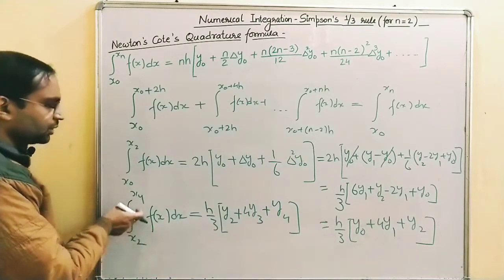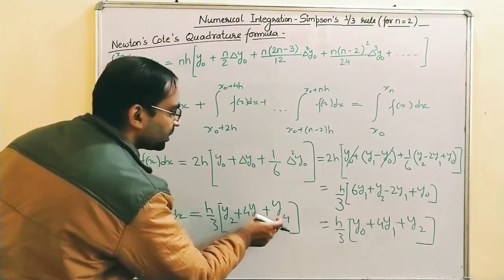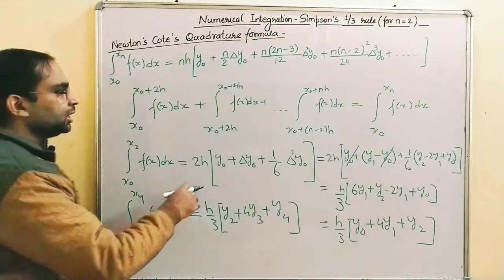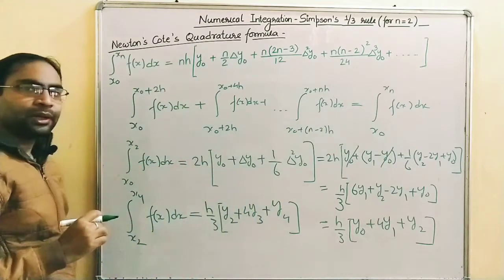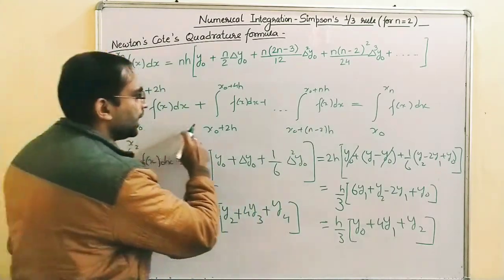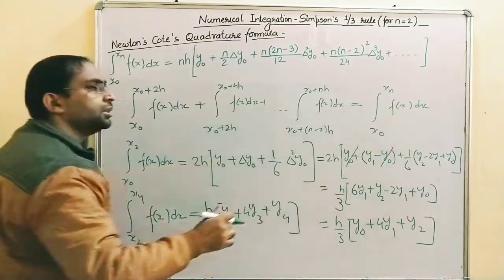So from x2 to x4, it is h upon 3 [y2 plus 4y3 plus y4]. Similarly, we can get the third interval and also the last interval. And as you know, on summing all these subintervals, we will achieve the final formula.